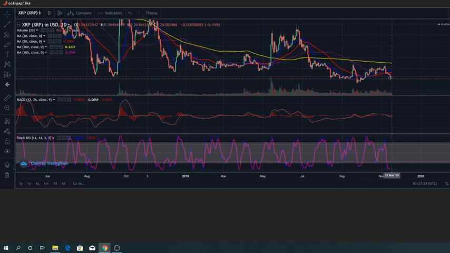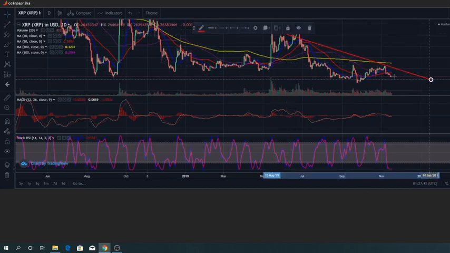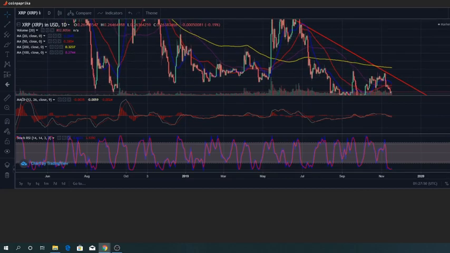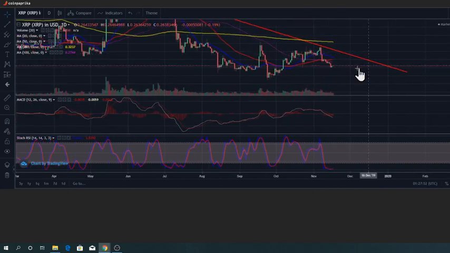Looking at this, we previously discussed that the downtrend here is kind of valid, so it still remains. If we manage to break through this, that's positive news, but the negative one here is we are still below all the moving averages. Here I have plotted the 20-day, 50-day, 200-day, and 100-day moving averages.